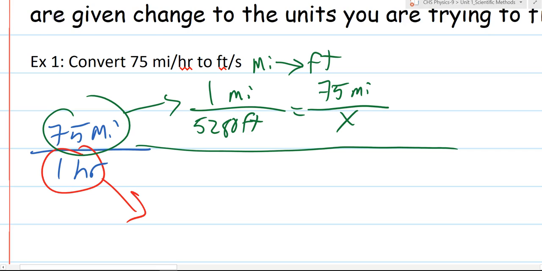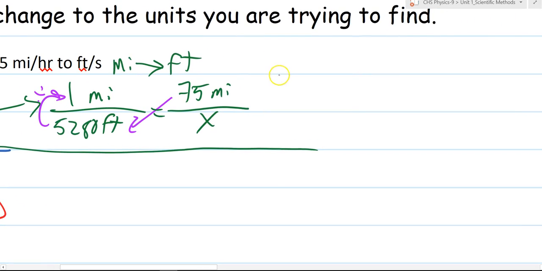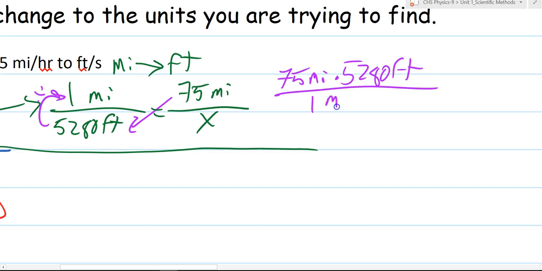Let's do purple. I'm going to multiply the things that are across and then divide by the one by itself. So I'm going to end up with 75 miles times 5,280 feet over 1 mile.